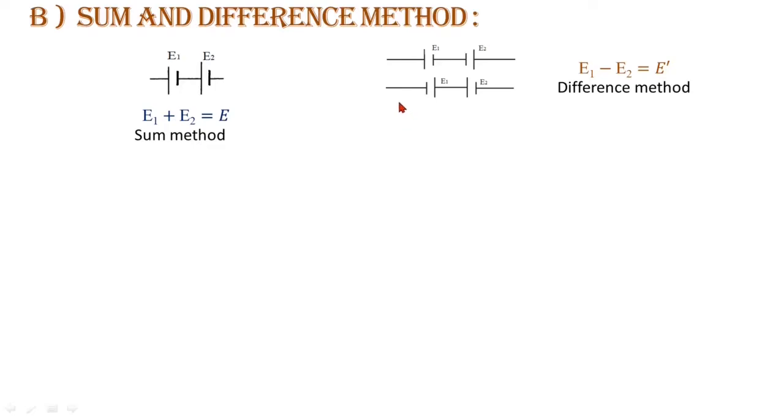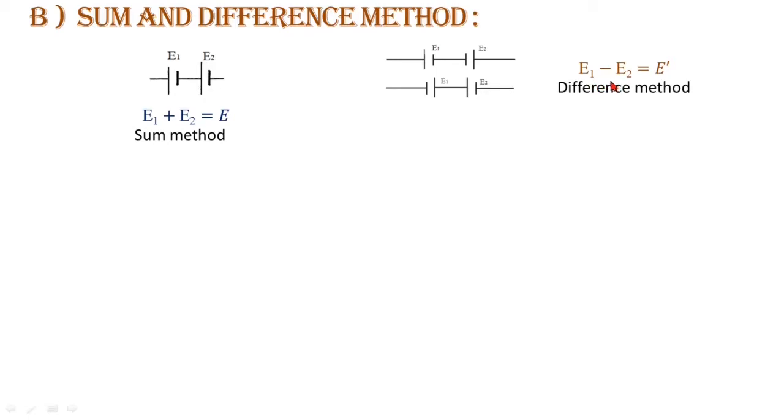And when two cells are connected so that their negative terminals are together or their positive terminals are connected together, as shown in the figure, in this case their EMFs oppose each other and the effective EMF of the combination of two cells is E1 minus E2.